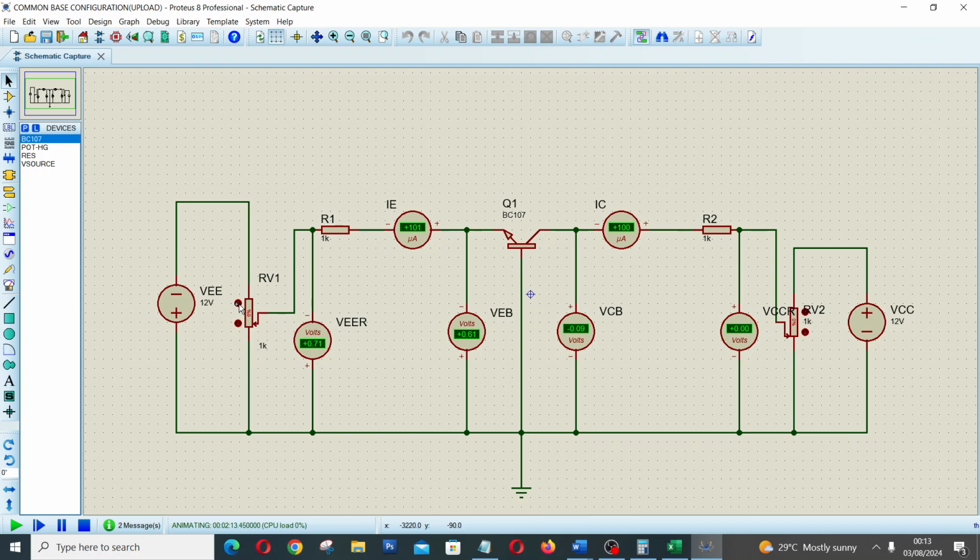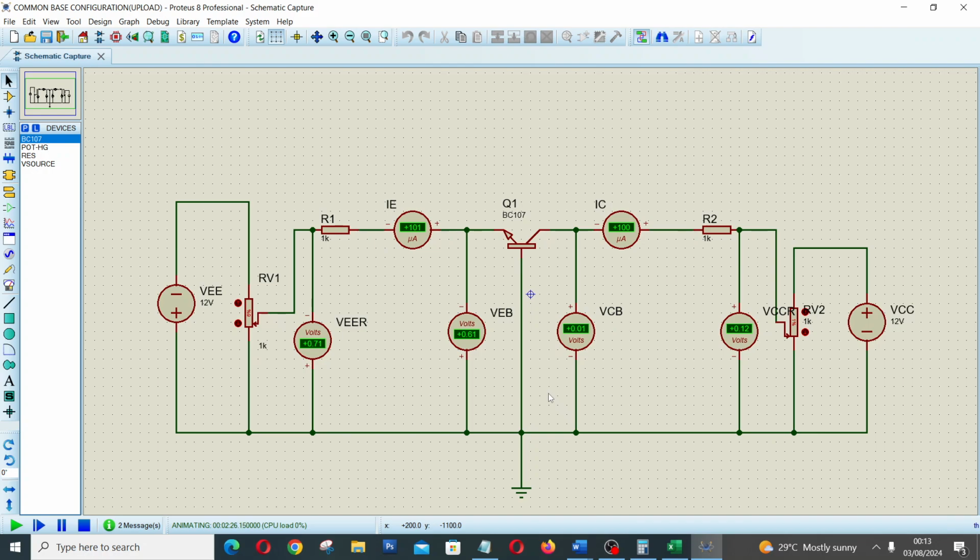When VEE is increased to 0.71, before we take our reading, we have to reset this to virtually 0. I think 0.01 is the closest value to 0.